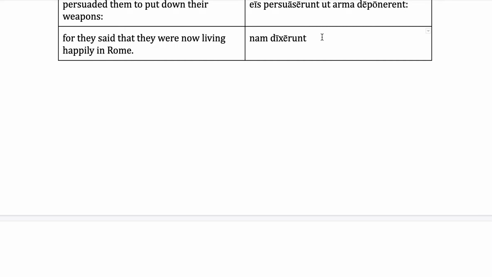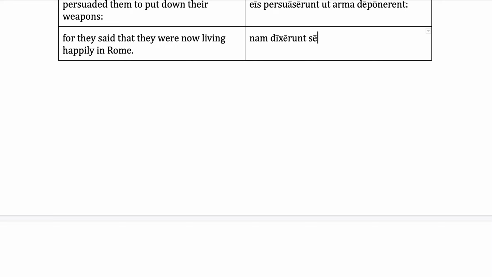So nam dixerunt, they said that they were now living happily in Rome. So they said that is an indirect statement. So what you need to do is put they in the accusative, and then you need to put the verb living in the infinitive. They said that they.